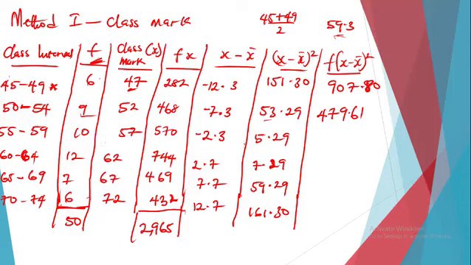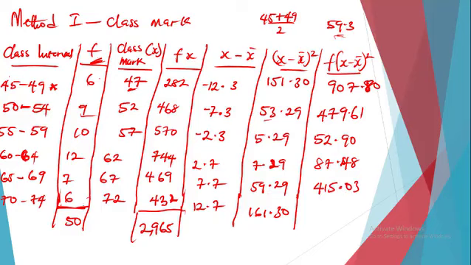Okay, we have 10 times 5.29, and that will give us 52.90. We have 12 times 7.29, and that will give us 87.48. We have 7 times 59.29. We have 415.03.